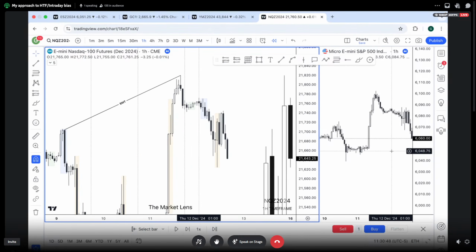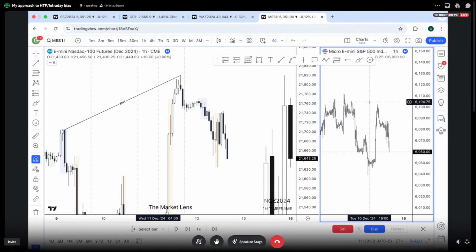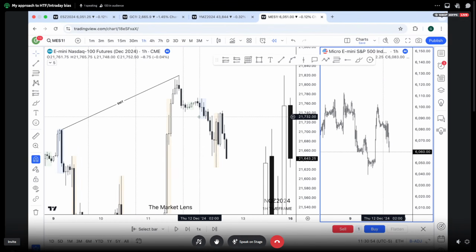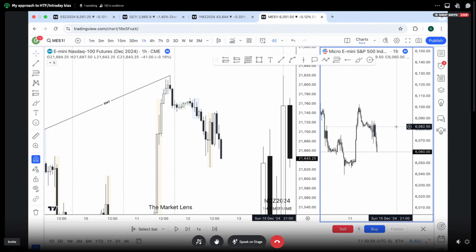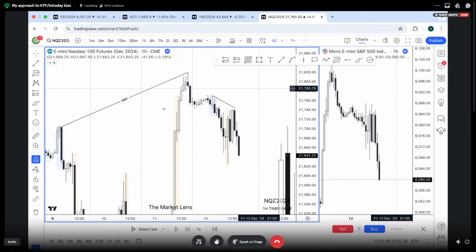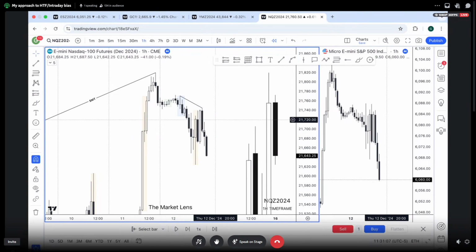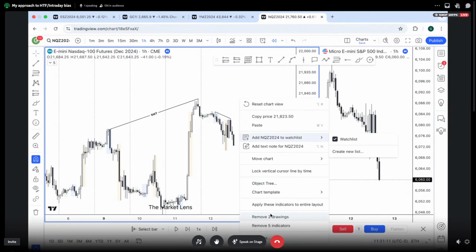I find it really interesting. So you see how ES was the weaker asset, right? But this is something you really do on the higher time frame, intraday time frame. What we see the next day is that strength switch, right? We have the weaker asset here. So it was strong, now it's weak. You see that? So it kind of supports the idea of this being a manipulation, right? Does that kind of make sense?